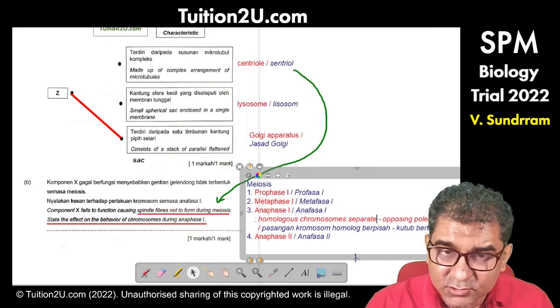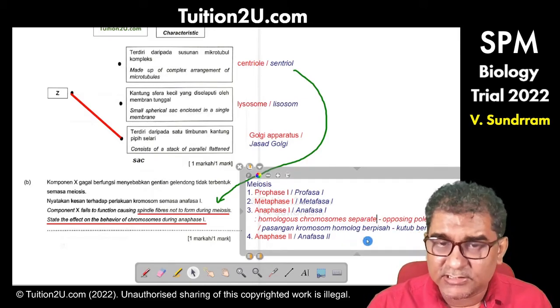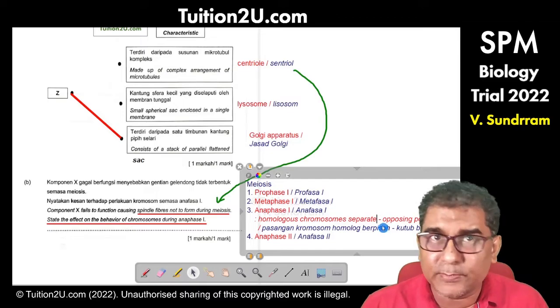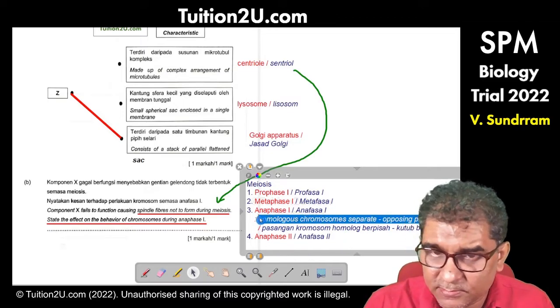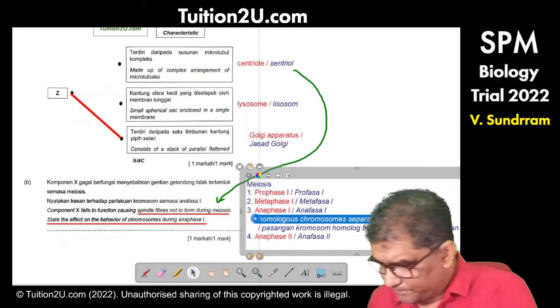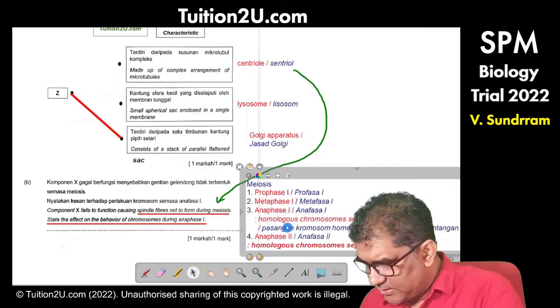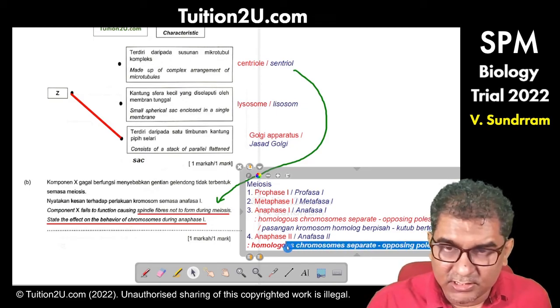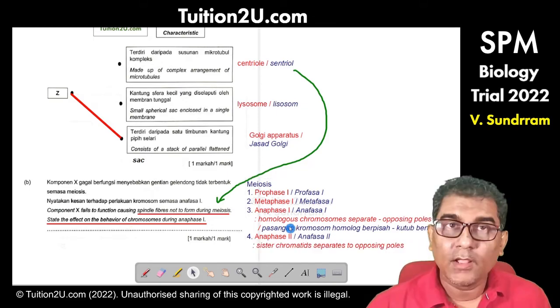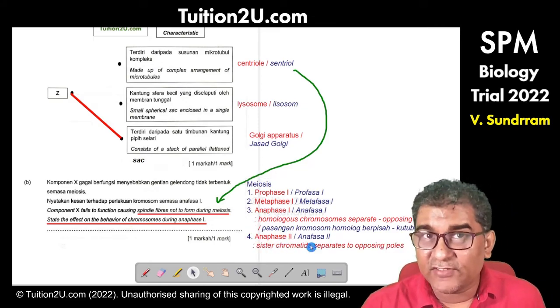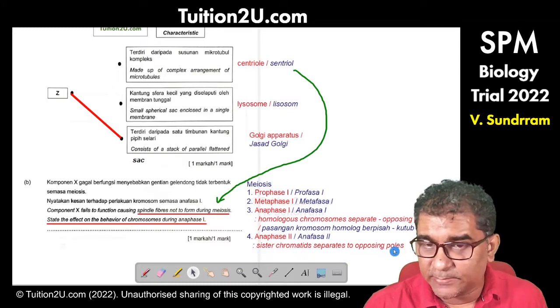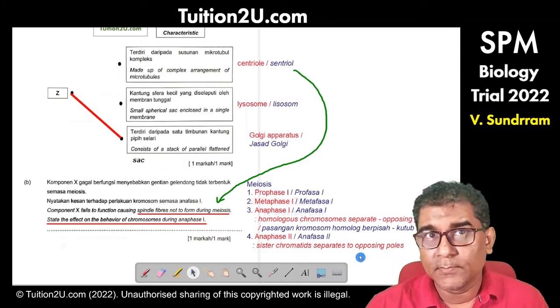And in anaphase 2, what's supposed to happen is sister chromatids are supposed to separate. I forgot to write here. Maybe I can just type it out again. So anaphase 2, what's supposed to happen is sister chromatids separate to opposing poles.